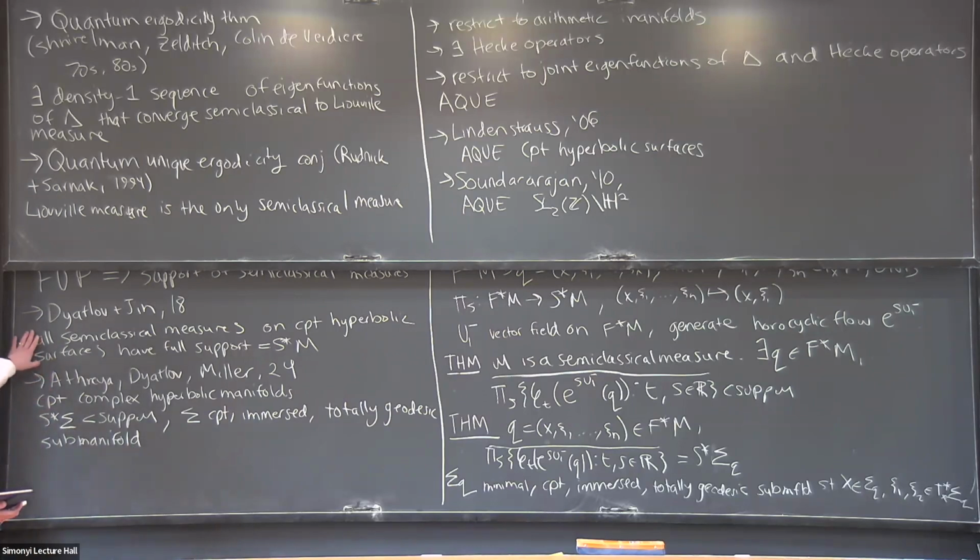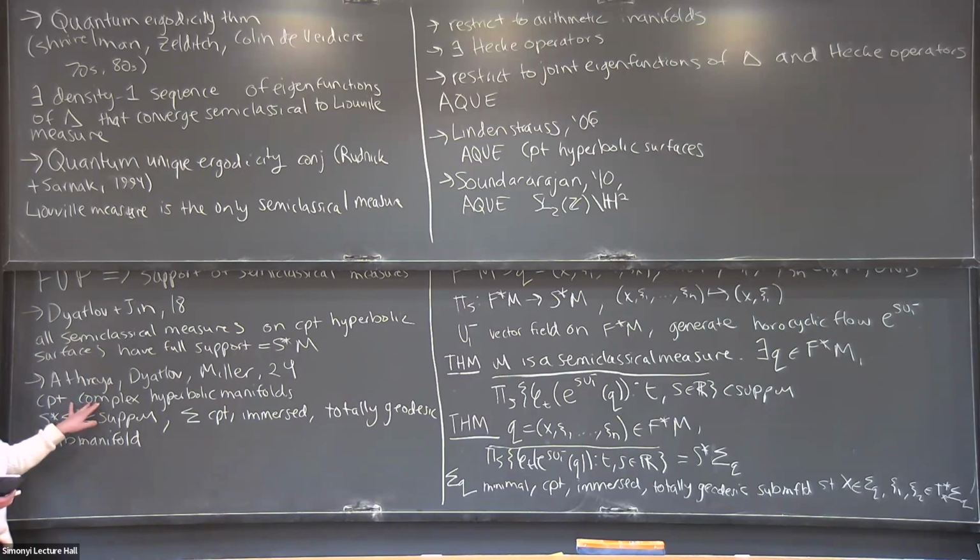So in this case, where we're just looking at surfaces, the unstable space and the stable space are both one-dimensional, so you can analyze them using the one-dimensional fractal uncertainty principle. That is not true on higher dimensional hyperbolic manifolds.